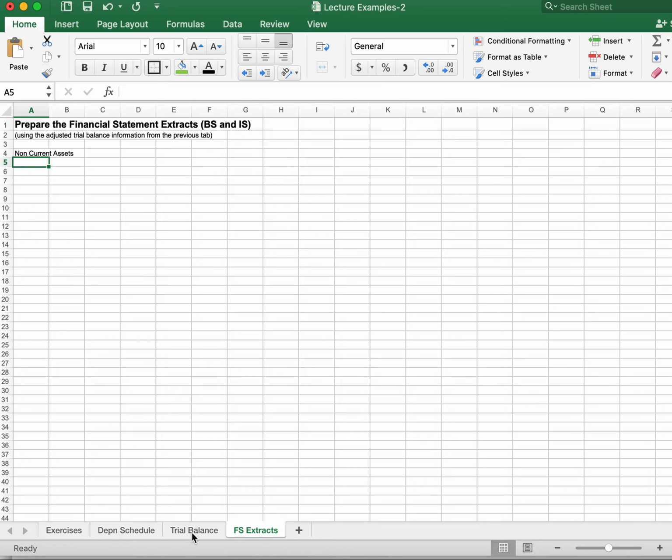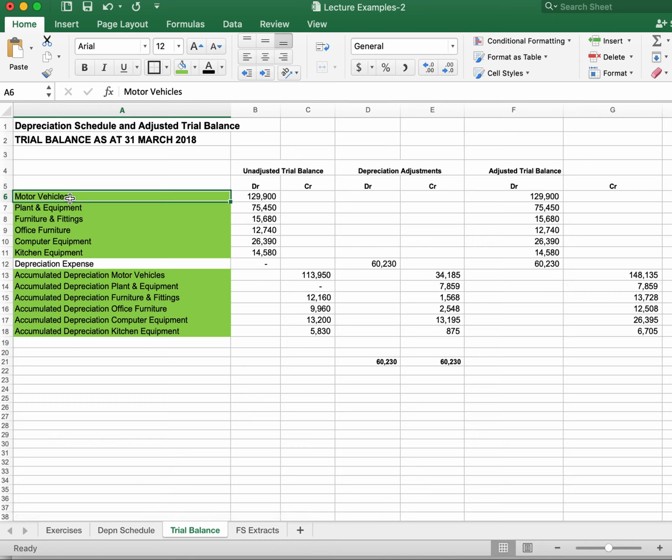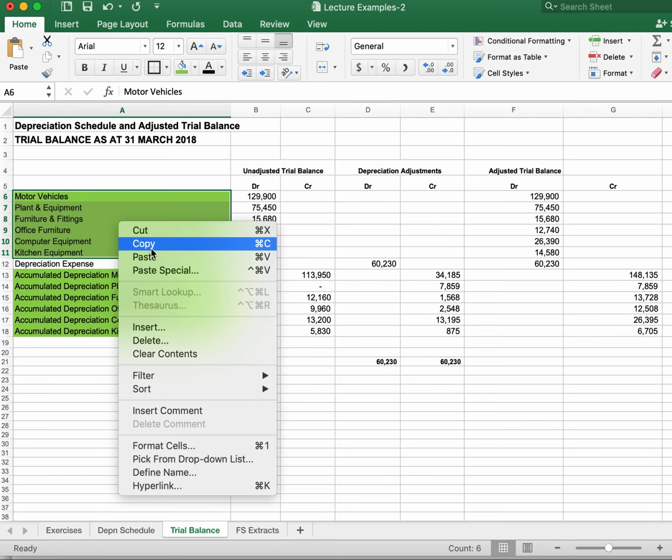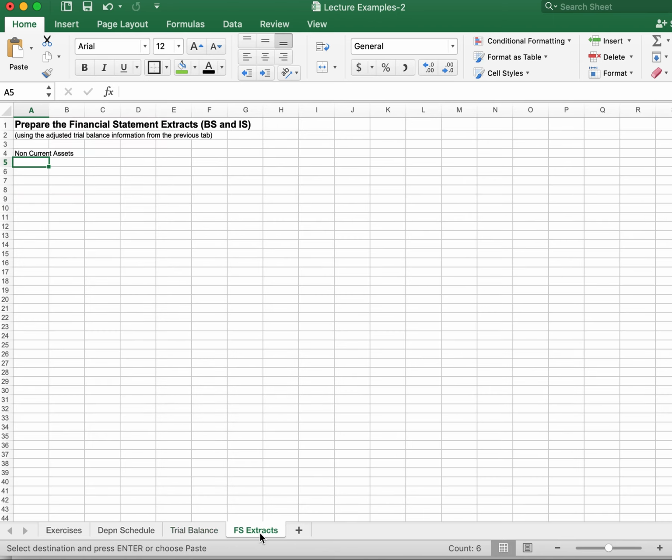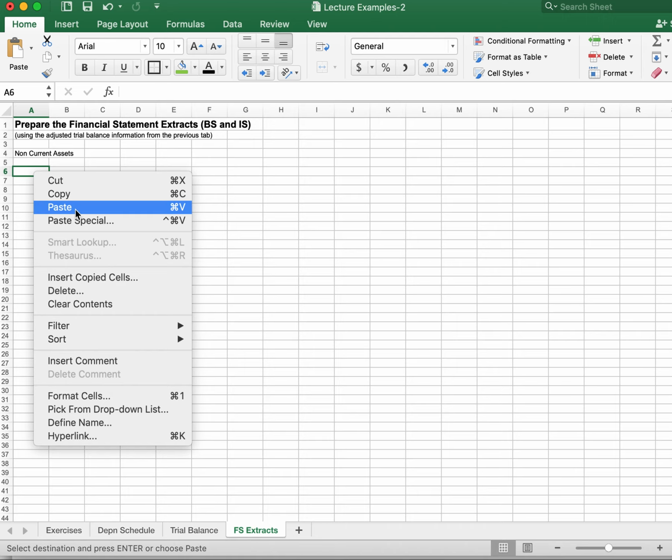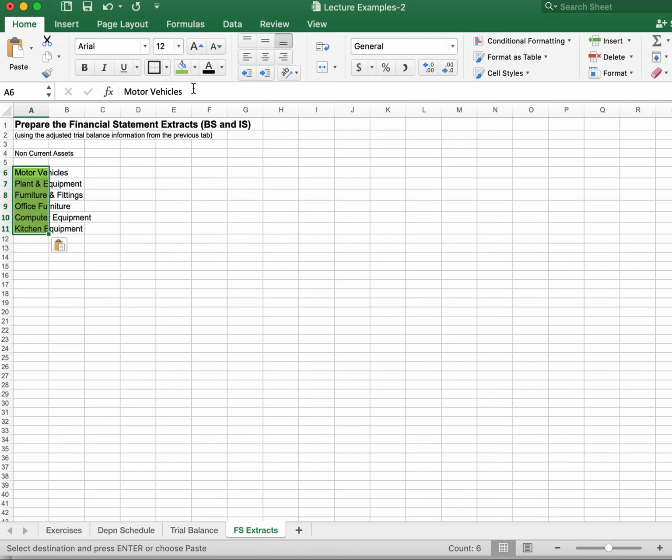All right, so if I was to have a look at that, the non-current assets I've got, these items here, these are my non-current assets, okay, don't need to color code it. All right, that's fair enough.